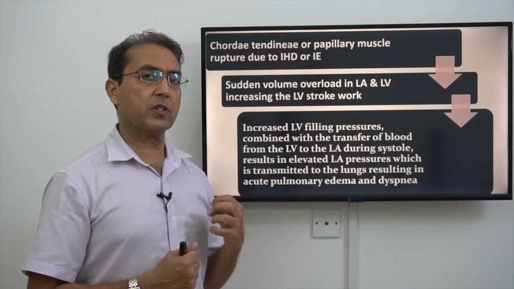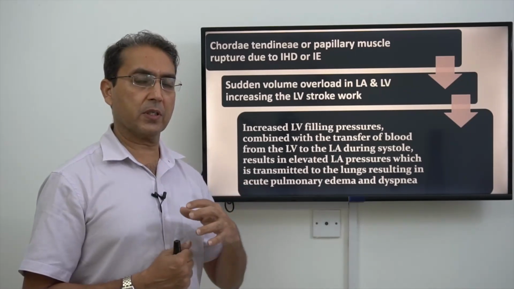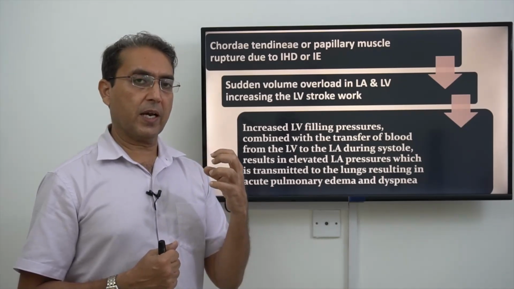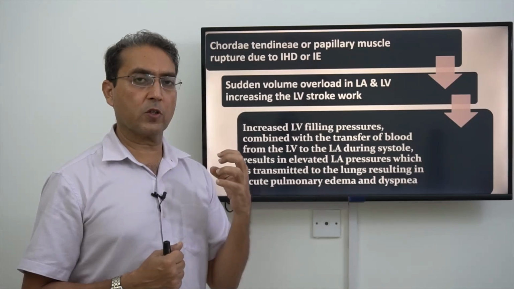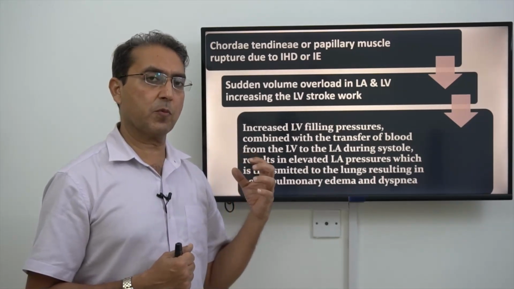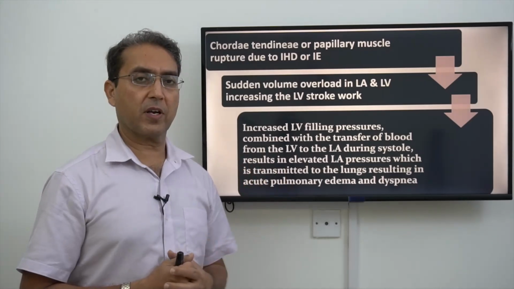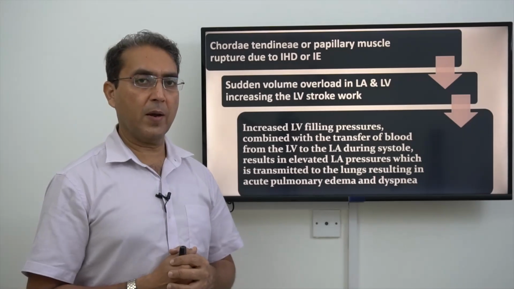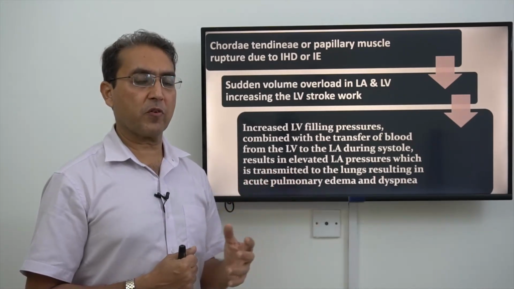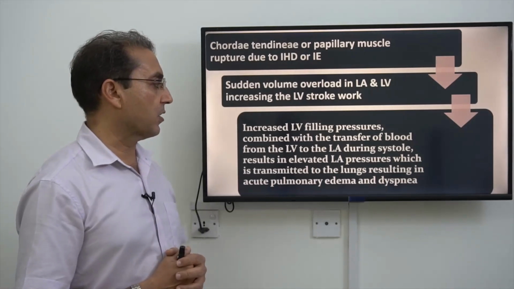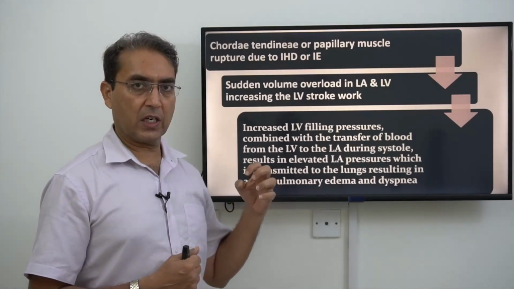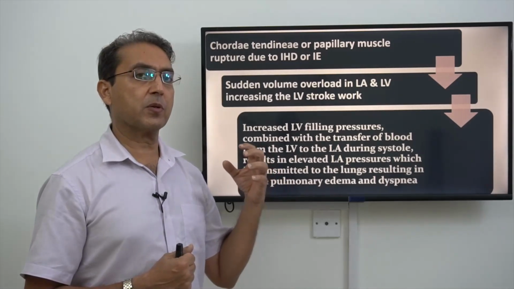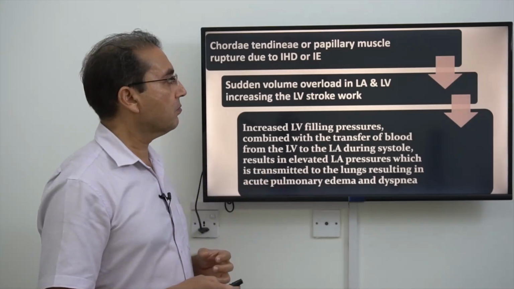The patient has an MI, is being treated, and for the first 1 or 2 days is asymptomatic, and then suddenly develops features of pulmonary edema. So that means either the acute MR has started or there is perforation of the interventricular septum. So the patient presents in a dramatic way. This patient is in severe dyspnea. Sometimes the patient is in shock as well.